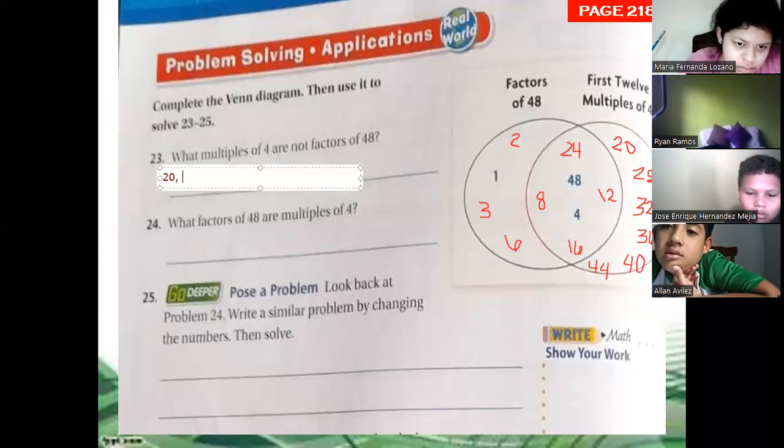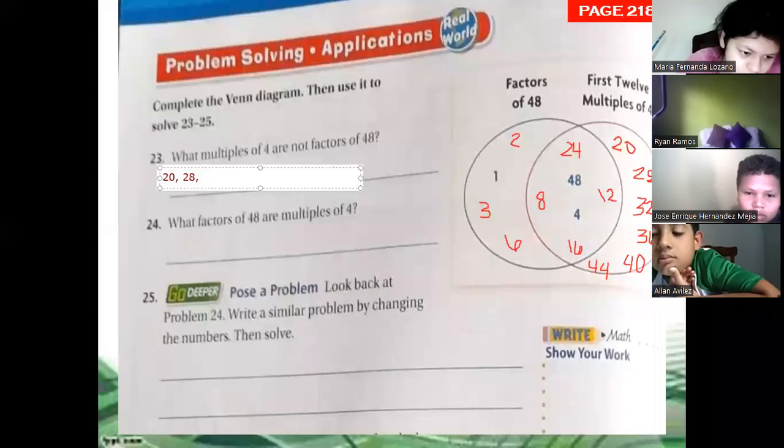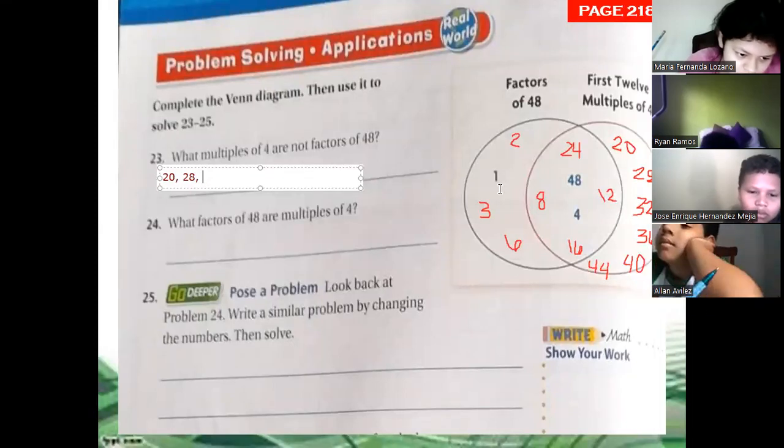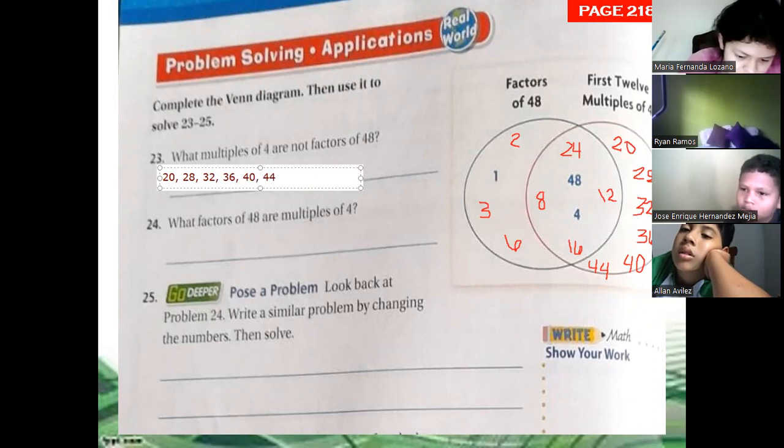So what are the factors? What are the multiples that are not factors, because the factors are at the other side? 28, 32, 36, 40, and 44.